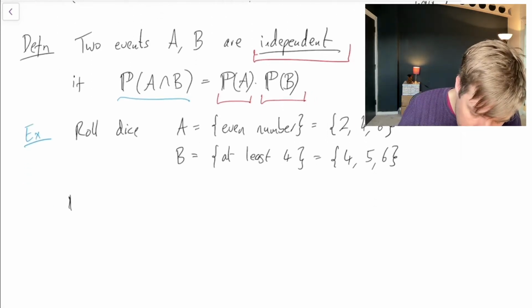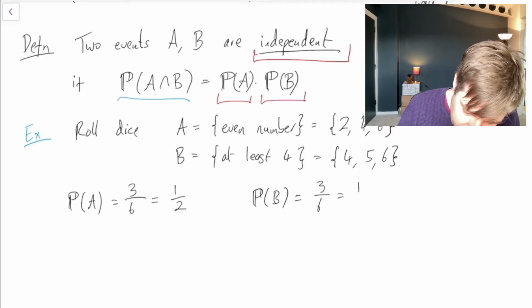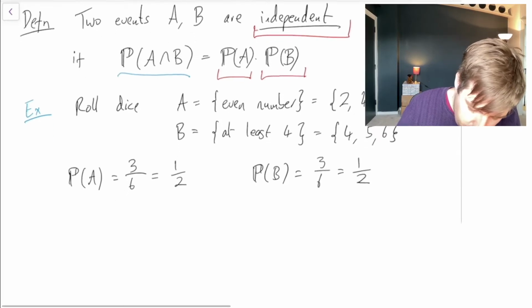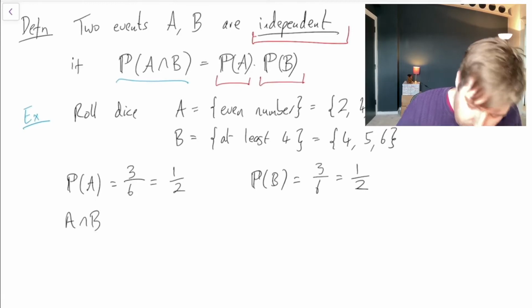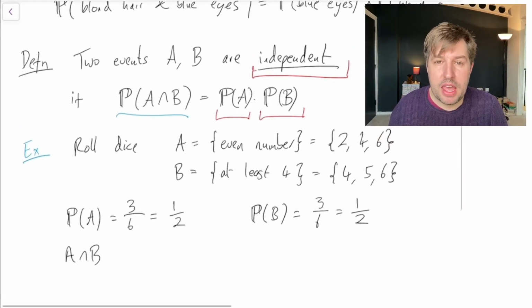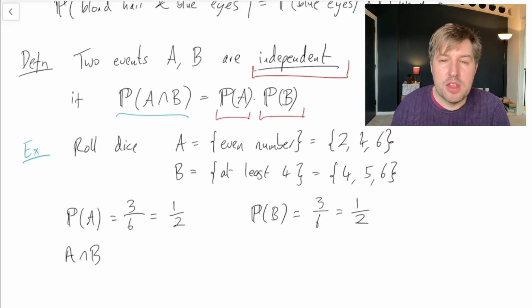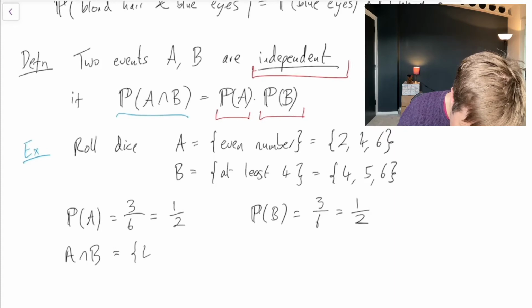Well, we know, of course, that the probability of A is 3 possibilities out of 6, or a half, and the probability of B is also 3 possibilities, 4, 5 or 6 out of 6, which is a half. What about A intersect B? Well, A intersect B is the set of outcomes that are in both A and B. And if we look at they're 2, 4, 6 and 4, 5, 6, so the things in the intersection are 4 and 6.